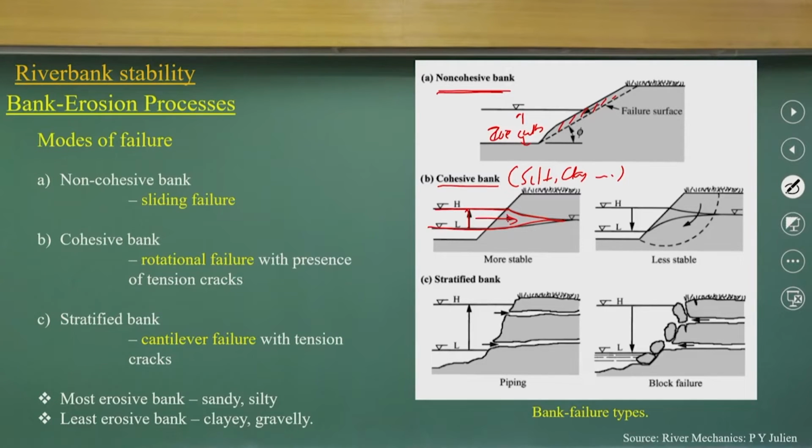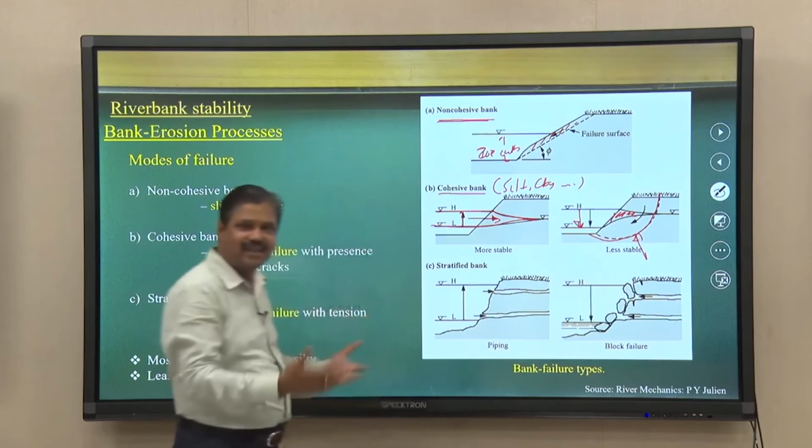But what actually happens is, when the flood recedes, when it goes back from high flow to low flow, this saturated mass has additional weight and strength compared to the earlier low flow. So, this is a saturated soil mass. Because of that, it creates failure cycles, and it has rotational failures like landslide problems.